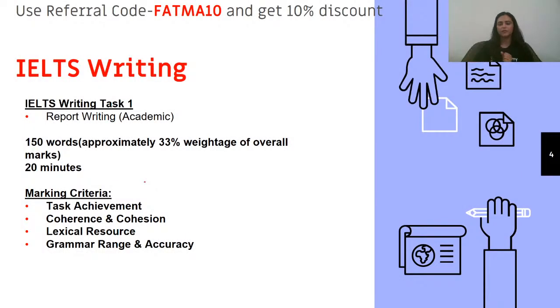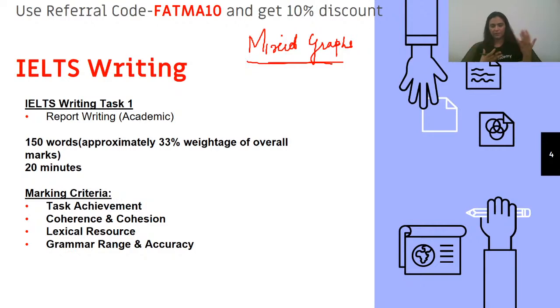All right, let's start the discussion of mixed graph. Now let's talk about mixed graph. What do you guys think is the major problem of mixed graph? This is a very common type of question that has been seen in the recent exam, and a lot of people are struggling. In mixed graph, what is that one major problem that you encounter?